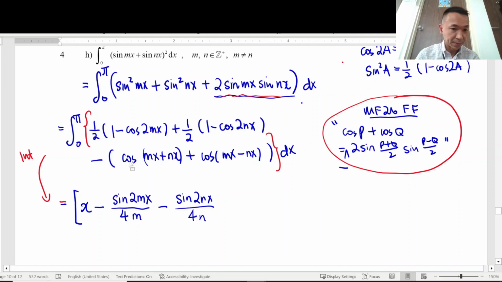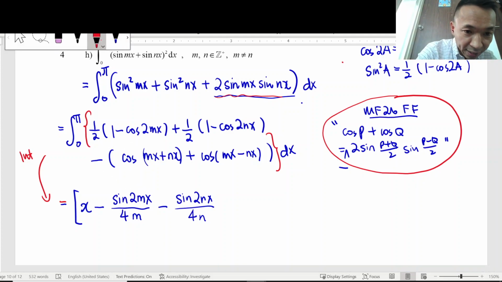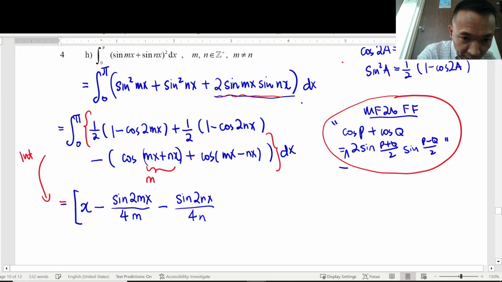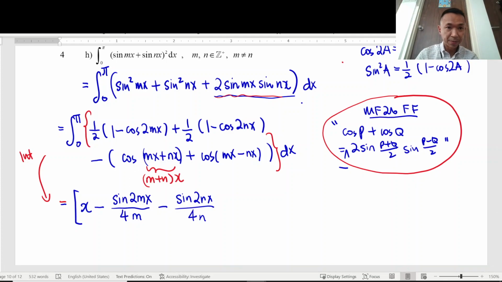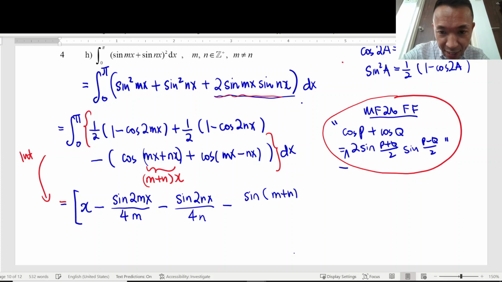Integrate cosine. This, if I were to rewrite, it is actually m plus n times x. The coefficient of x is m plus n. So if I integrate cosine, I get sine. Therefore, it's a minus sine m plus n x divided by m plus n.